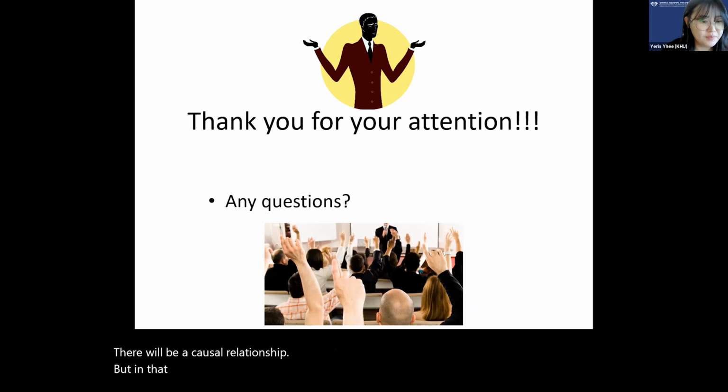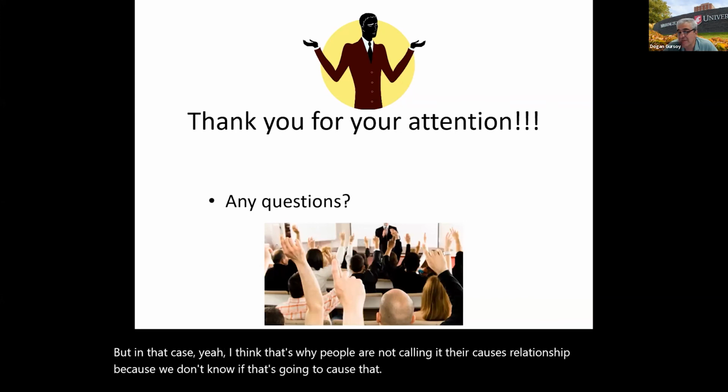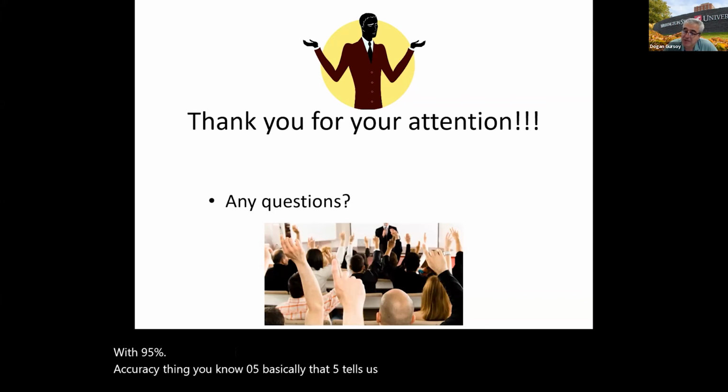I think that's why people are not calling it a causal relationship, because we don't know if that's going to cause that. If we do this in a lab, in an experiment, with 95% accuracy, 0.05 basically tells us that 95% of the time that thing is going to happen.